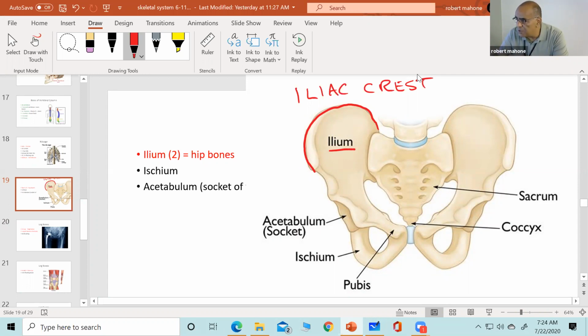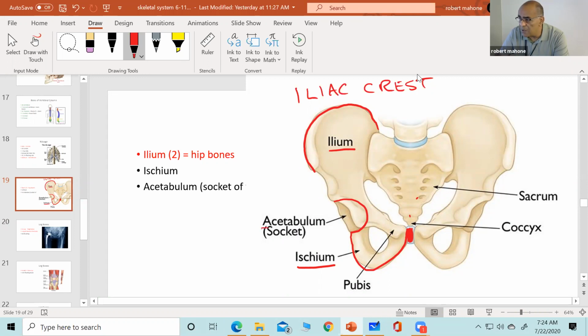And the part that you're sitting on right now is called the ischium. We've already mentioned the pubis symphysis right there. And there's your sacrum and coccyx. But this right here is a dip in the bone. And that forms the socket for the ball and socket joint of our hip joint.